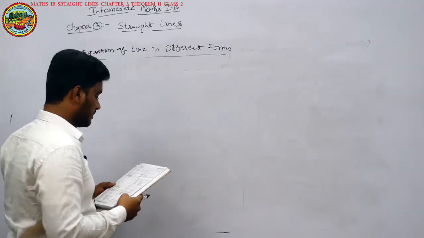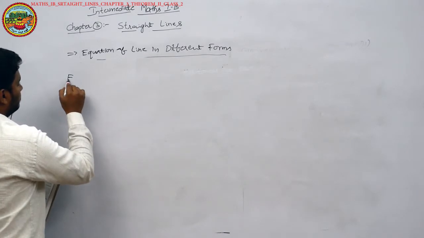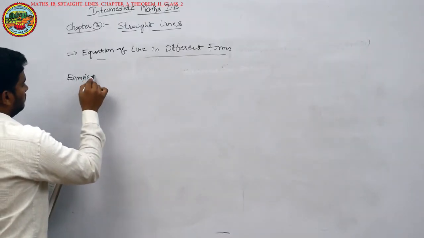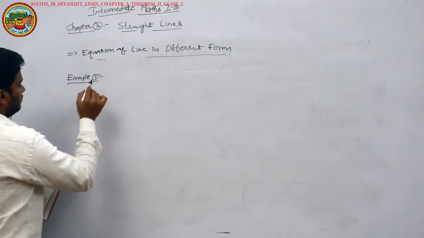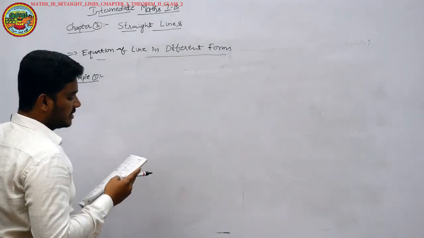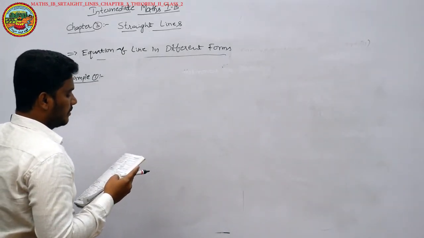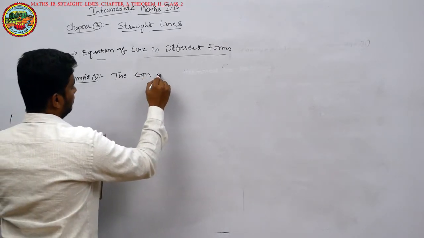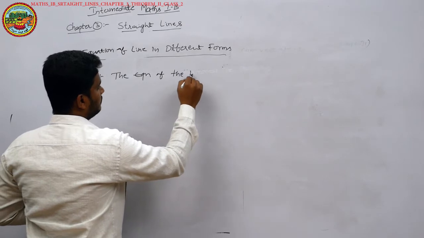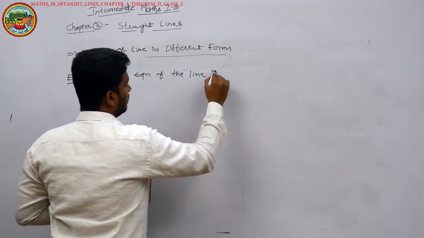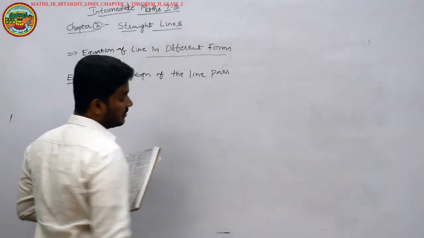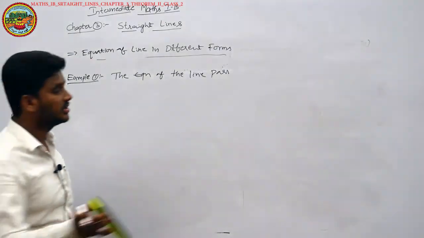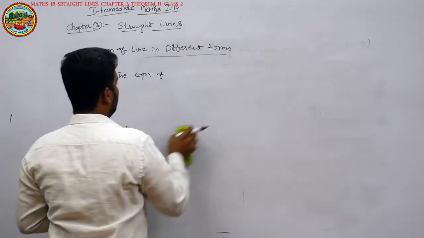So here see some examples. Example number 1. The equation of the horizontal line passing through 2, 3 is, horizontal line means y is equal to y1.